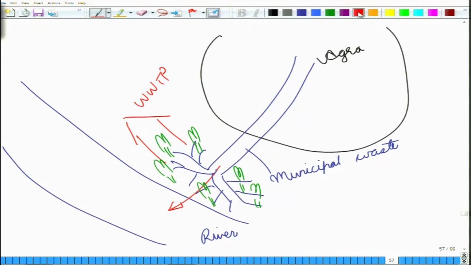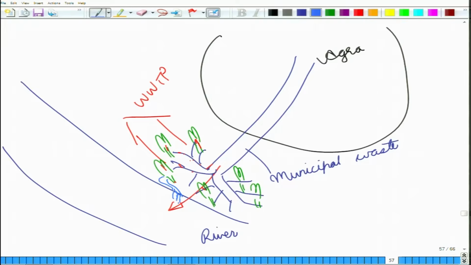Now, just by doing this, you ensured that all of those nutrients get absorbed by the trees, and then whatever water remains is so devoid of these nutrients that if you let that into the river, it does not produce any amount of harm.